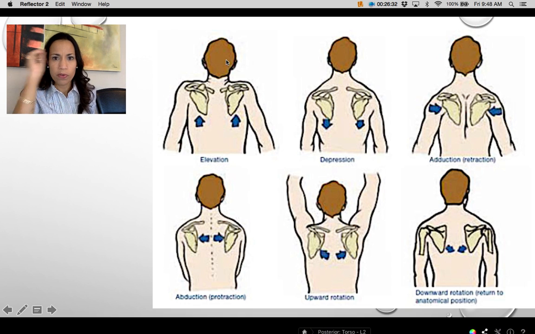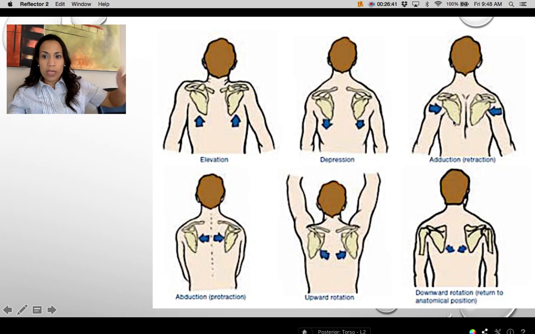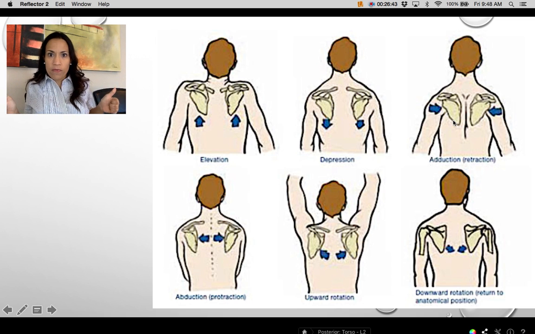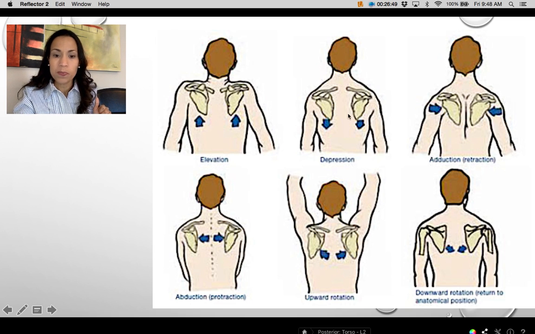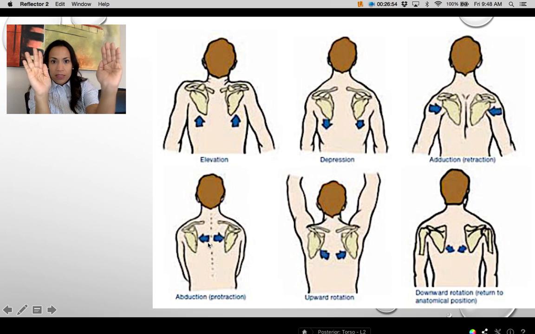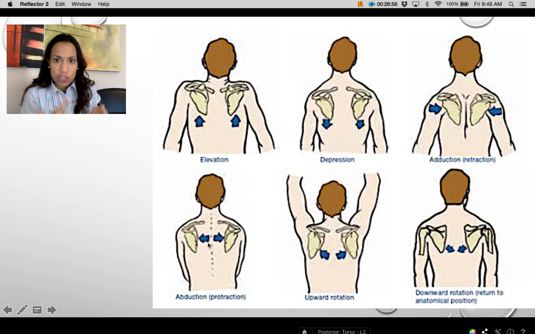So reviewing, let's summarize all of this. In here we can see elevation and depression of the scapula. If we retract the scapula, we move both scapulae closer together, so that's also called adduction. If we abduct the scapula, we separate the scapulae, that is called protraction of the scapula.